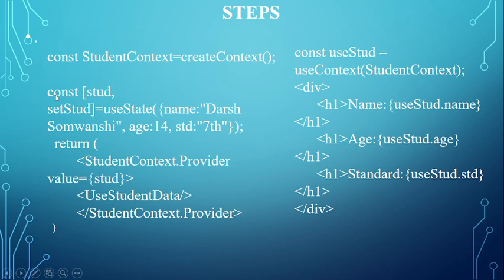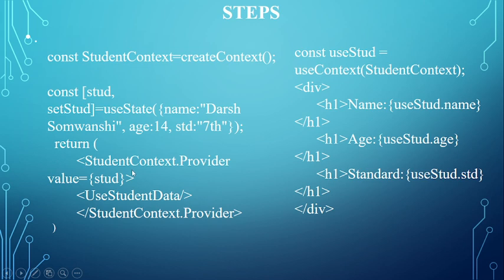Then what we have done here is we have created a student object using the useState hook. stud and setStud are the method to update the data. In useState, we have assigned the data like name is equal to dash, age is 40 and standard is 7. So to allow the data to be accessed by any other component, that context needs to be shared.